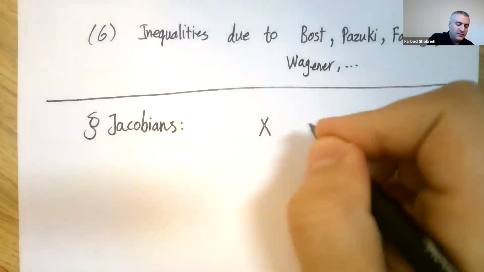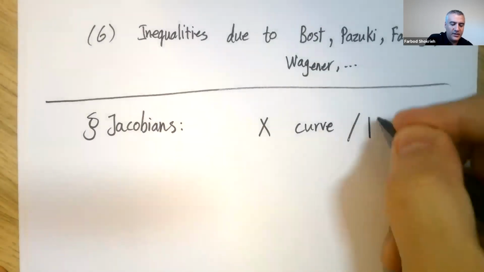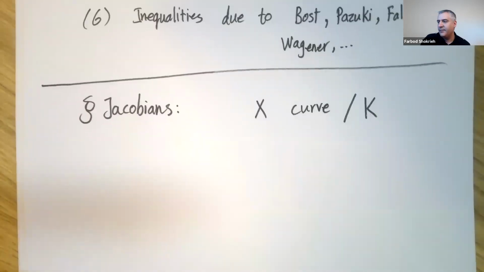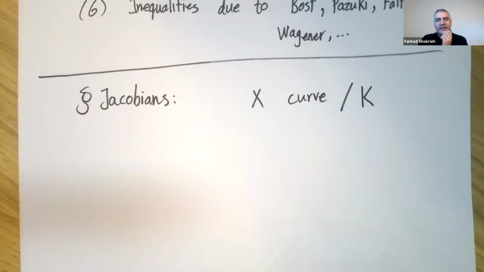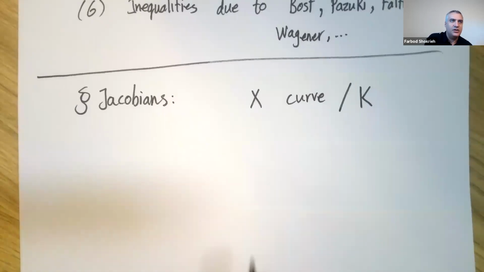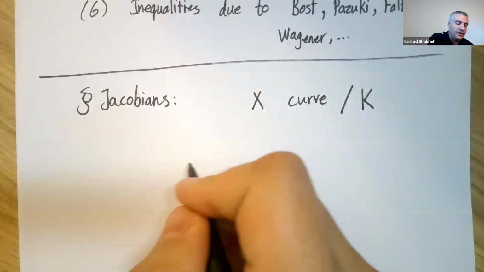You have a nice curve, so a smooth projective connected curve over a number field or function field. And I want to study these local terms, these local contribution moments, and interpret them in combinatorial terms.